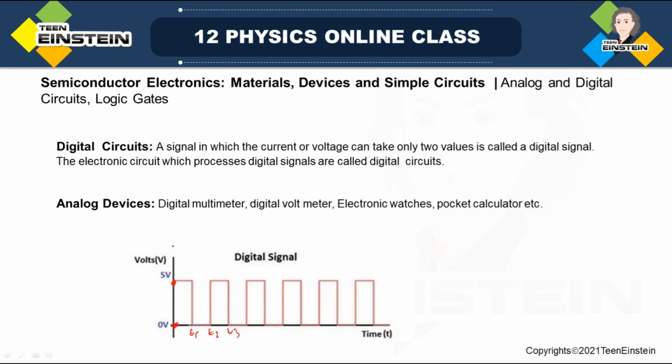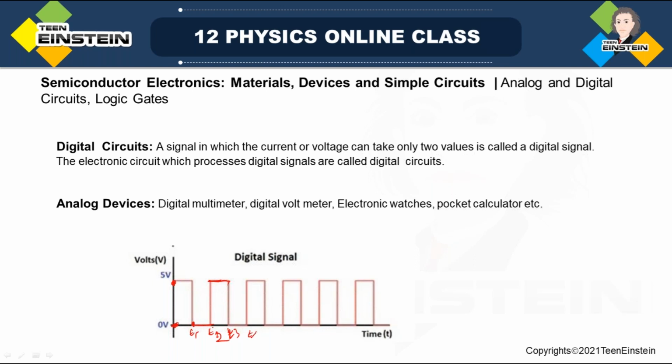As soon as the time becomes T1, the signal becomes 0, and it continues from T1 to T2. Again, when the time crosses T2, it has a value of 5 again.